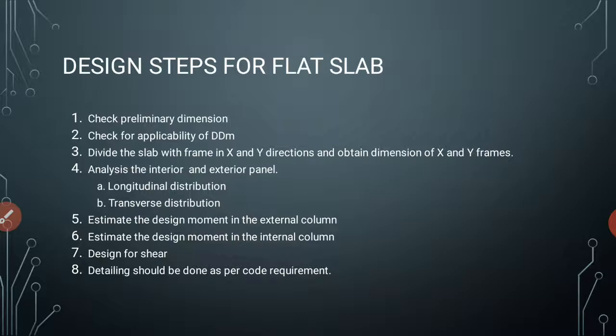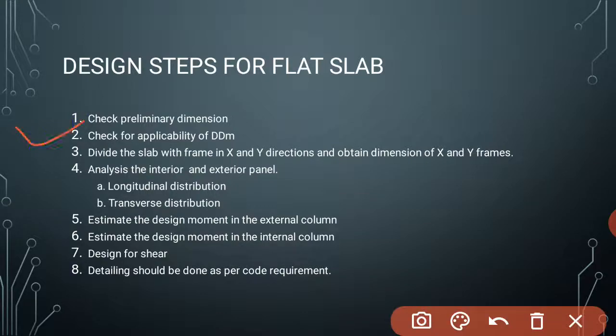So first of all, the basic step is that we have to check the preliminary dimensions, as we have seen here for the thickness of slab criteria. Then we have to go for dead load and live load moments. Then we distribute the slab into internal panels and external panels, and according to that analyze the interior and exterior panels.